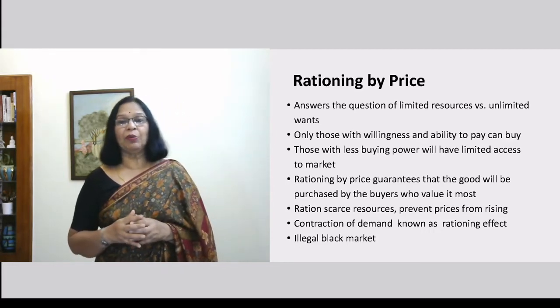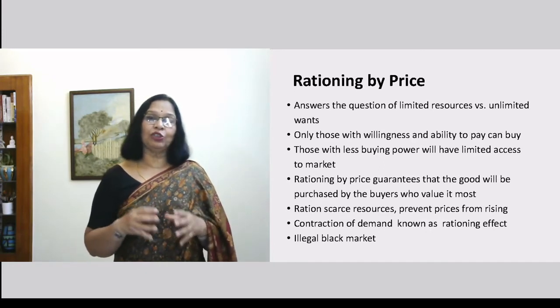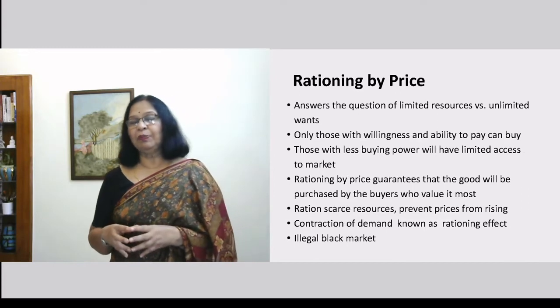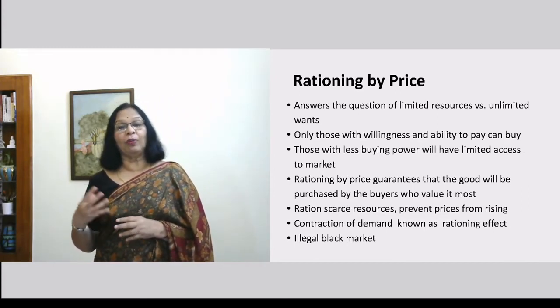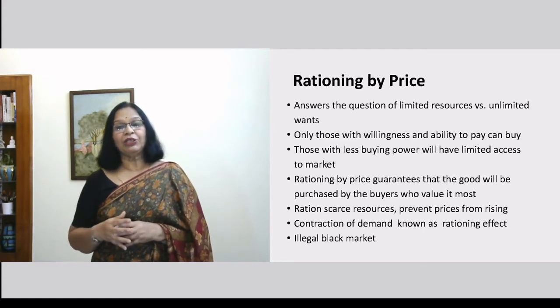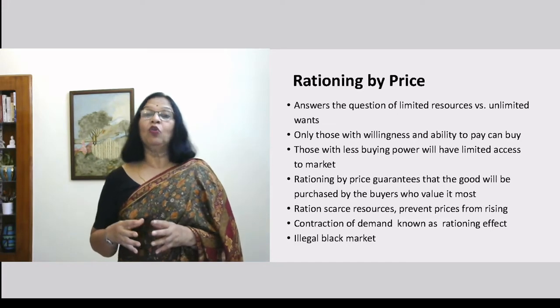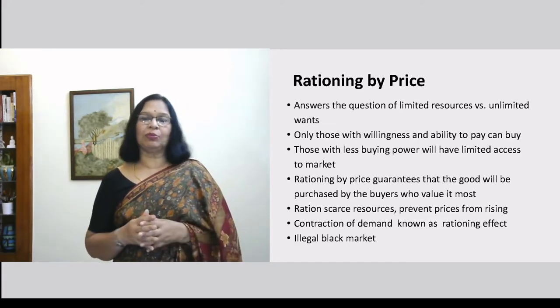And those with less buying power, who do not have access to other commodities, will actually buy this. So this allows the very needy people to make use of the rationing system rather than those who can afford to buy some other commodity. The rationing by price guarantees that goods will be purchased by the buyers who value it the most. So those who do not want it may not buy that.